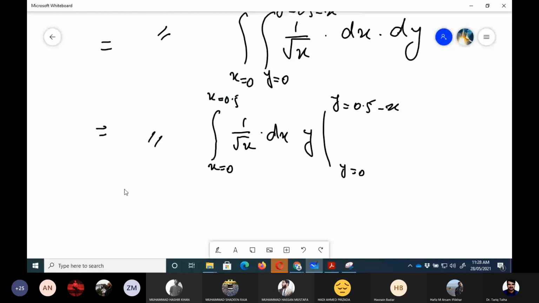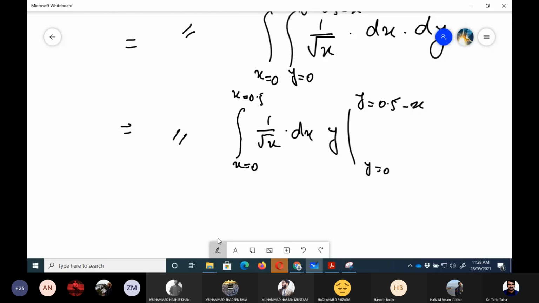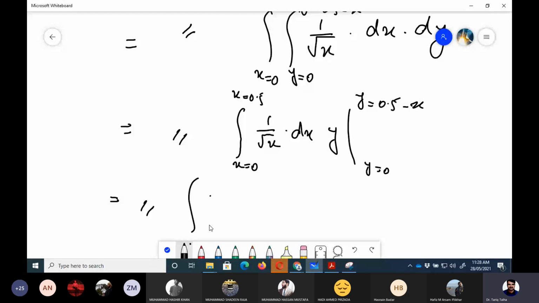So now our equation becomes, when we put the limits, x equal to 0 and x equal to 0.5 here, and then here we would have divided by x into dx, right?